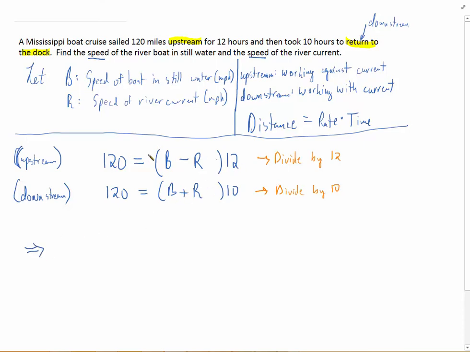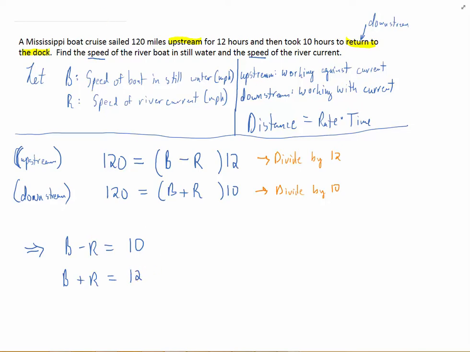If I divide both sides of the first equation by 12, I would have B minus R is equal to 10. And taking the second equation and dividing by 10, I would have B plus R is equal to 12. And now I would use elimination here.